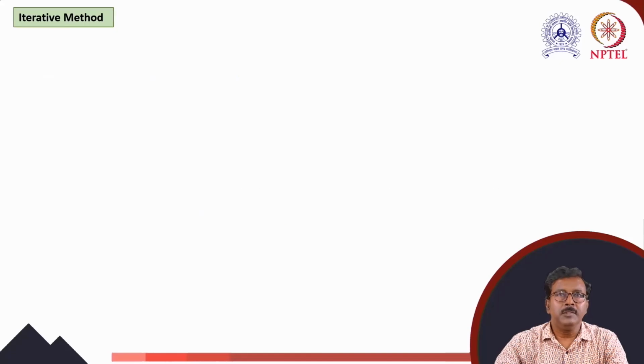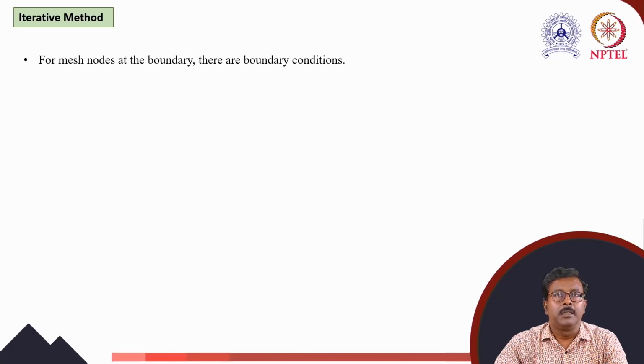So let us start the iterative method, but before that we have to discretize the equation for the two-dimensional Poisson equation with some particular structure or particular domain of a device.